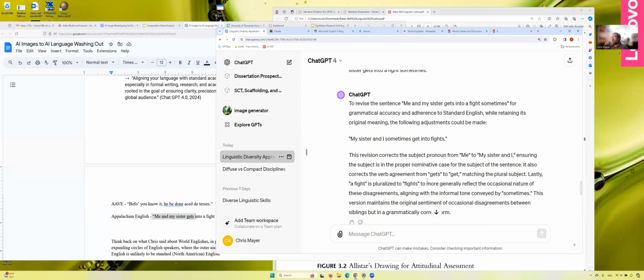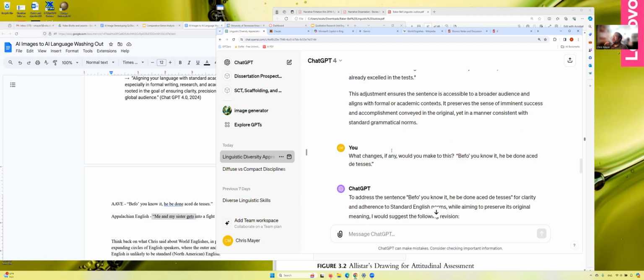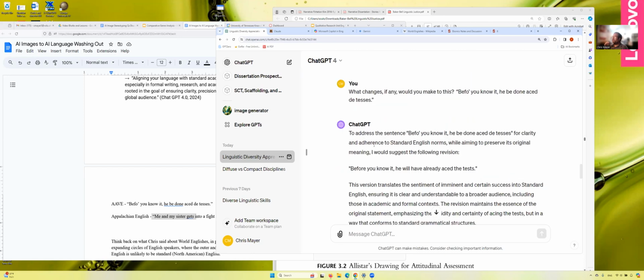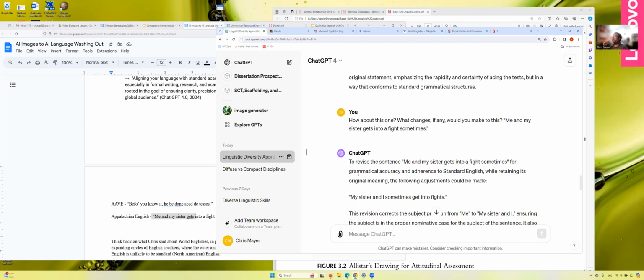So maybe one difference we might see between the way ChatGPT is treating Black English and Appalachian English is in a matter of accuracy, grammar. Whereas for AAVE it was saying more clarity and still adherence. So they're emphasizing clarity there, where here we're emphasizing grammatical accuracy.